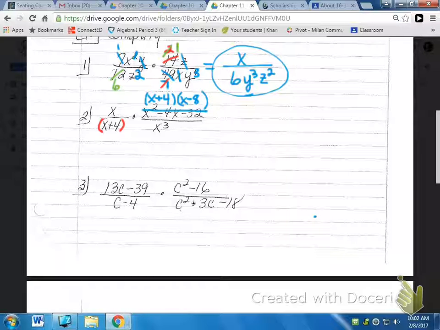It is not just an x, and it is not just a 4. You could not cancel this x with this x. Do you understand that? The top one's just an x. The bottom one is not just an x. It is an x plus 4. It has a partner with it. It is a set, and it can only be canceled with an x plus 4.